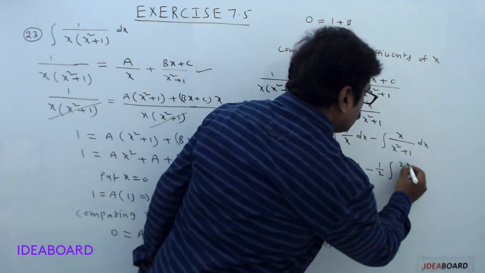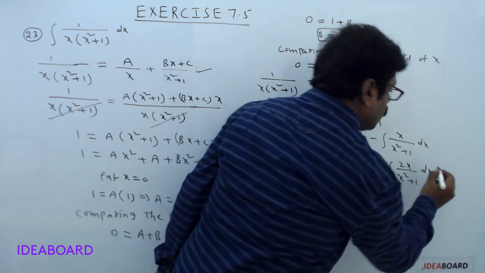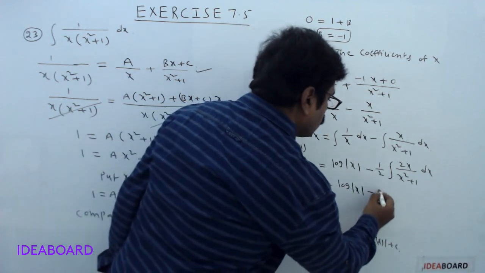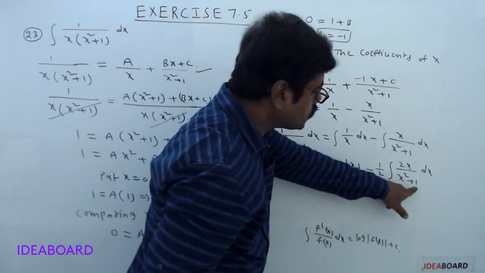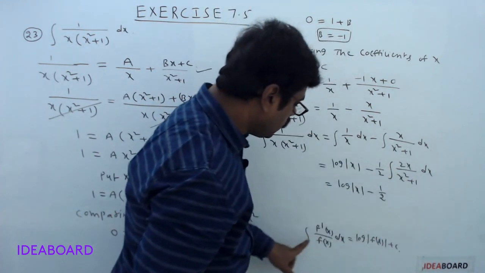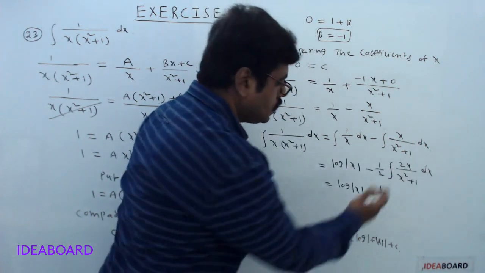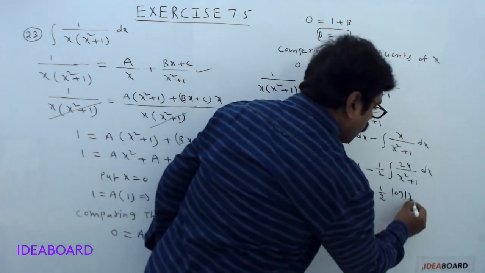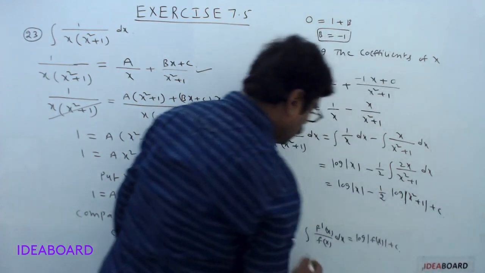So 1 by 2 into integral 2x divided by x square plus 1 dx. So this is log mod x minus 1 by 2 into derivative of x square plus 1 is 2x. It is in the form of integral f dash of x divided by f of x dx. So what is its value? According to this formula, log mod x square plus 1 plus a constant c.